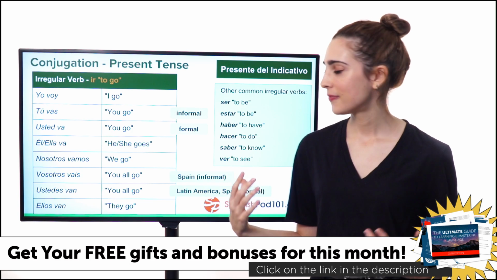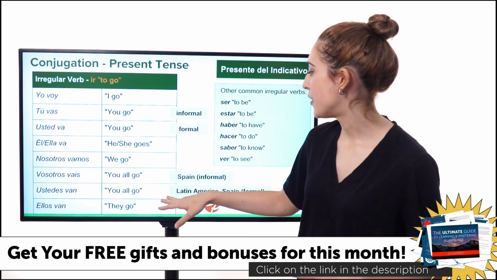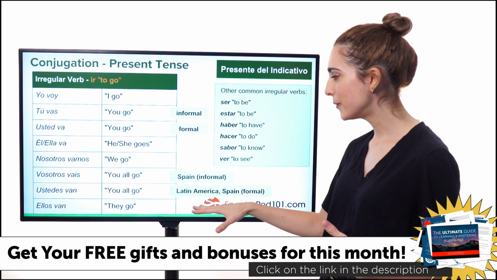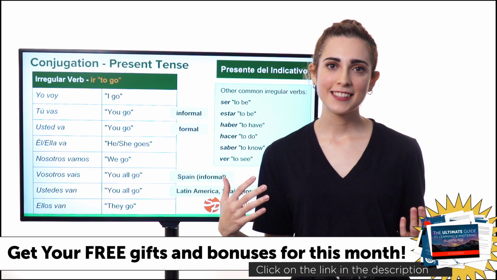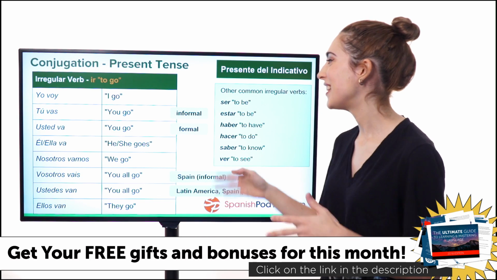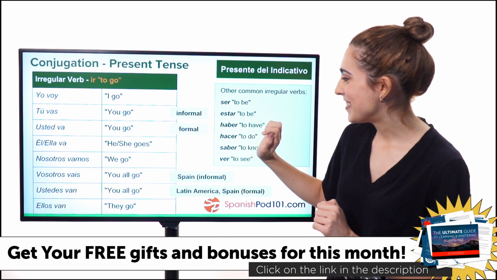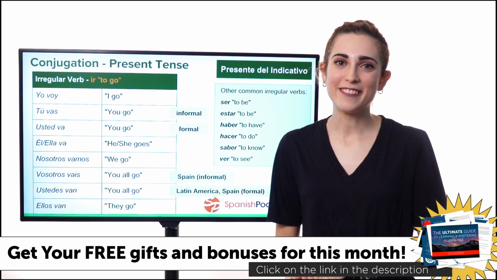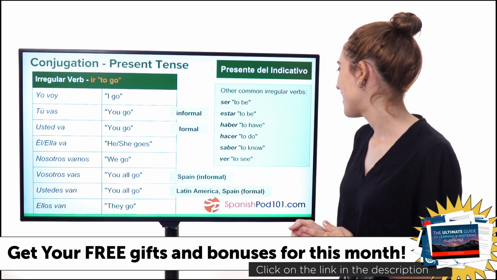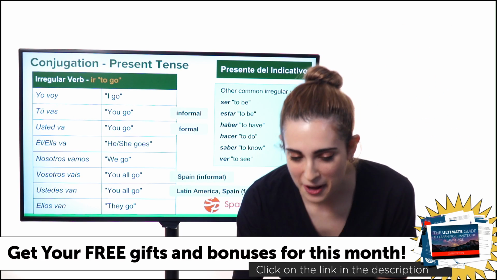And lastly, the third person of the plural, they go, ellos van, ellas van. So you see that they change a little bit. You cannot do anything about that. Just memorize it, but yeah, that's how they work.